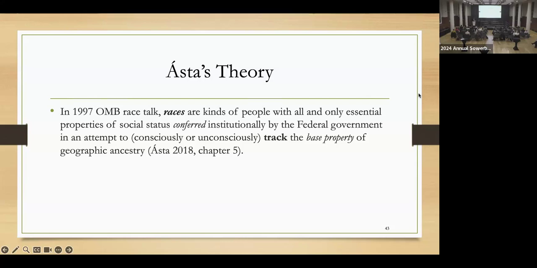She thinks it's about a special kind of social kind that is constituted essentially by conferred social essences. The way she makes the case for this in her book is with an example with a strike in baseball. I tried to convince her to use basketball, but if you really want to be American, use basketball.